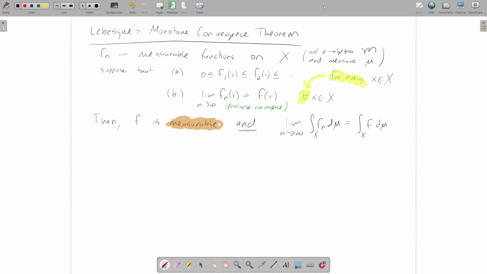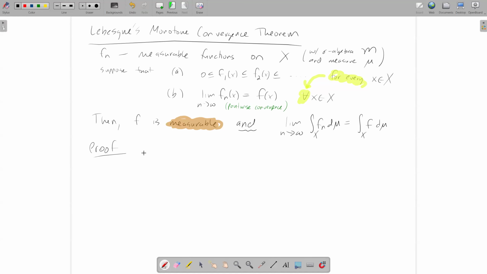Okay, and so let's do a proof here. By an earlier theorem, f is measurable. So let's go back to that.